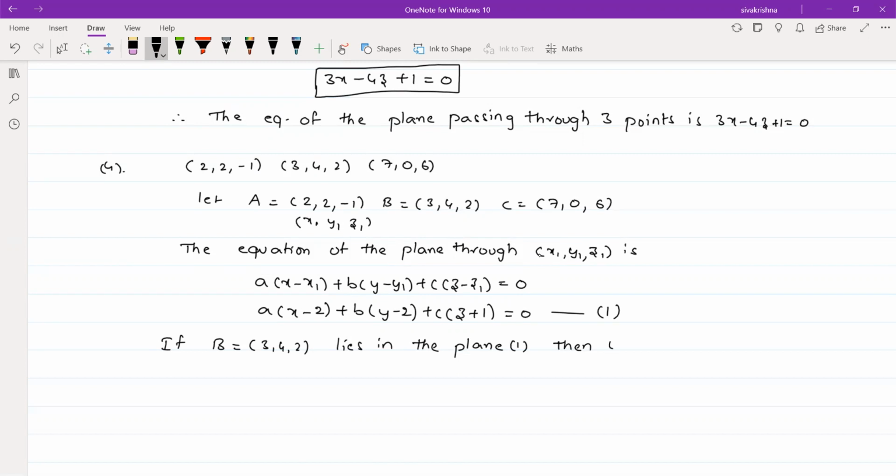Whenever a point lies on an equation, we have to substitute that point in that equation. So in place of x we substitute 3, so that we get 3 minus 2, plus B into, in place of y we put 4, so that we get 4 minus 2, and in place of z we put 2, so that we get 2 plus 1, is equal to 0.